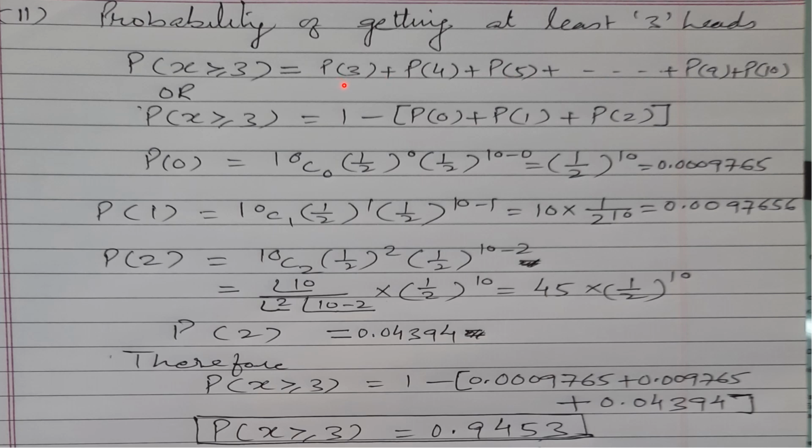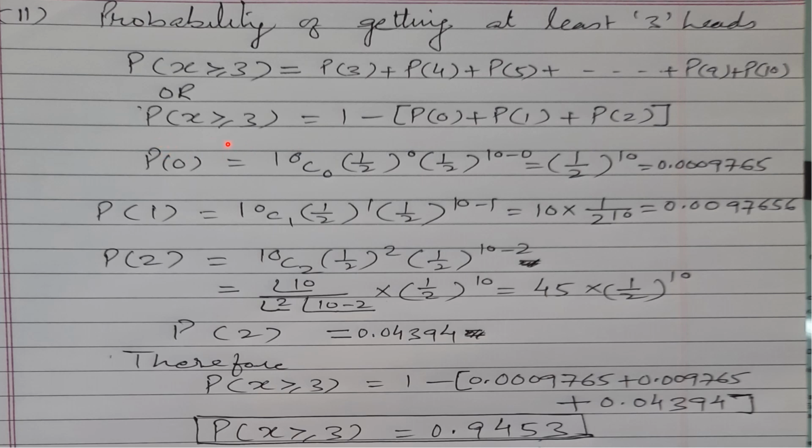So here this calculation will be lengthy. So we have an alternate approach, in which we can write that probability of getting at least 3 heads will be equal to 1 minus the probability of getting 0 heads plus probability of getting 1 head plus probability of getting 2 heads.